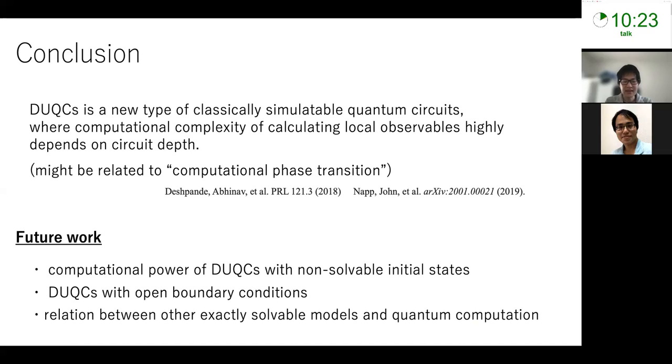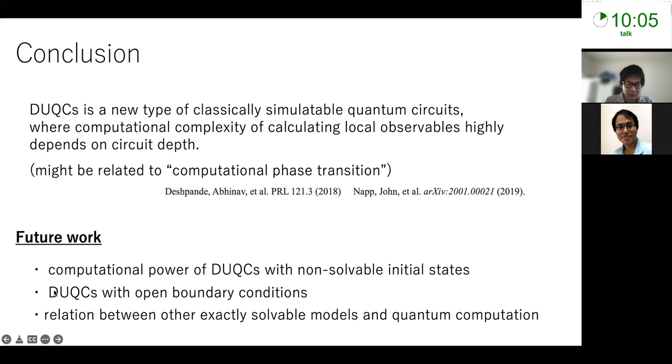So I imagine that the computational power of the dual unitary quantum circuit with non-solvable initial state also changes compared to those with solvable initial states.